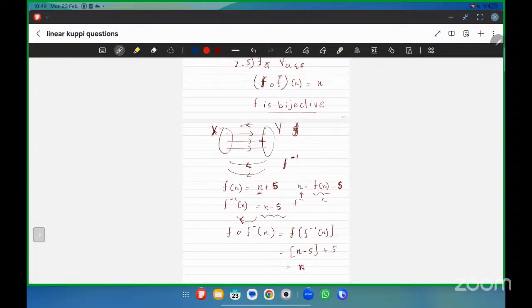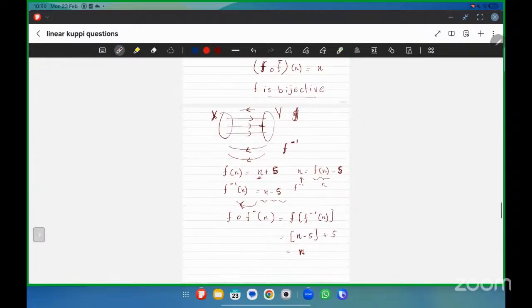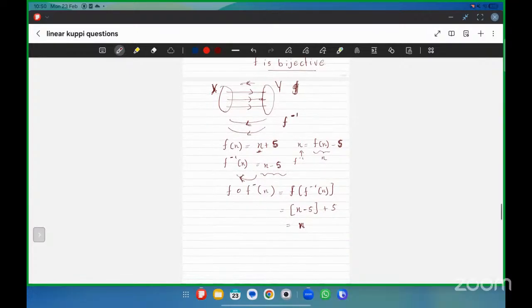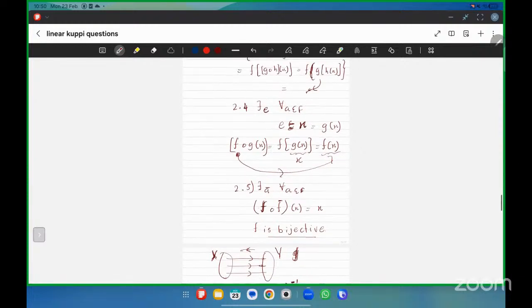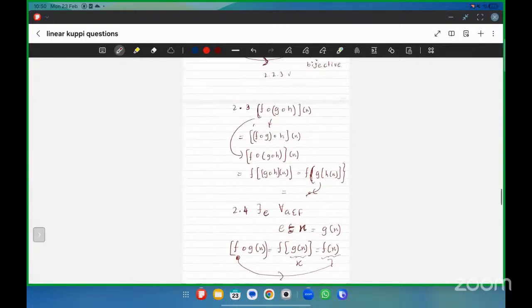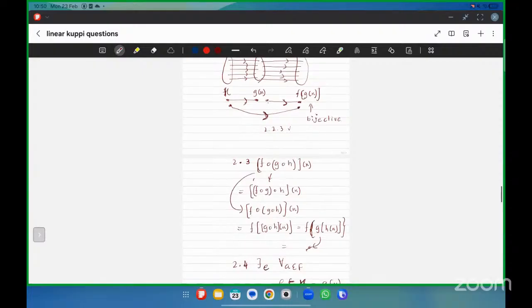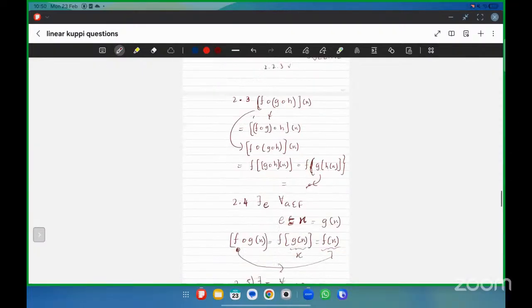So we can get the identity element. Because it's a bijective function, there should be an inverse function. So that is also fulfilled.